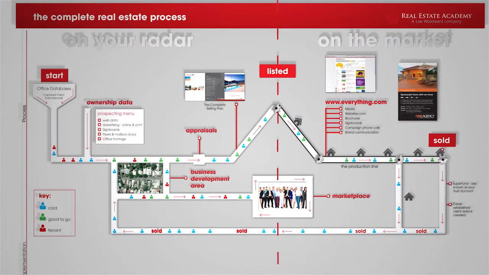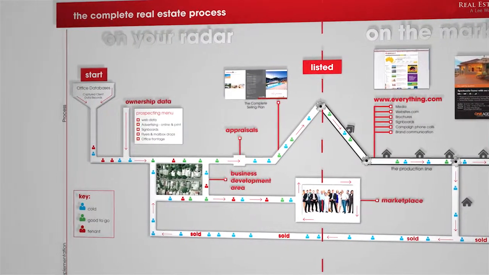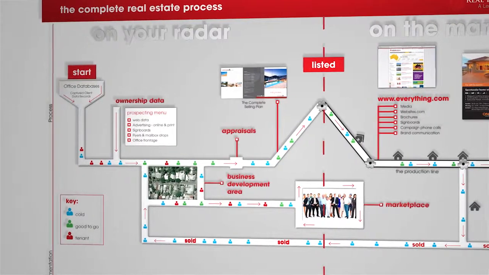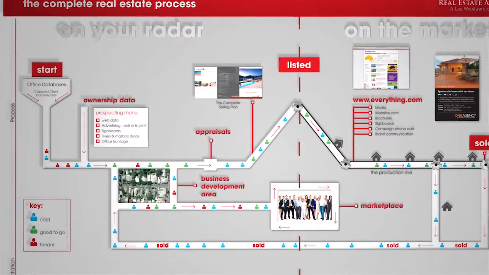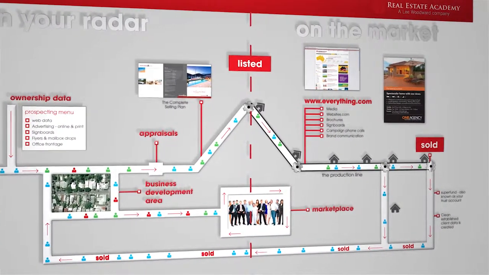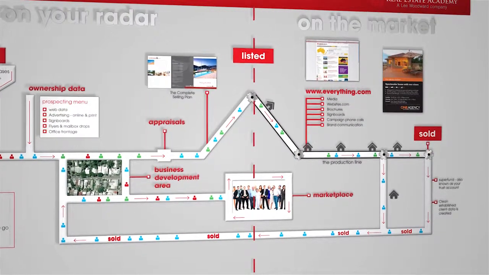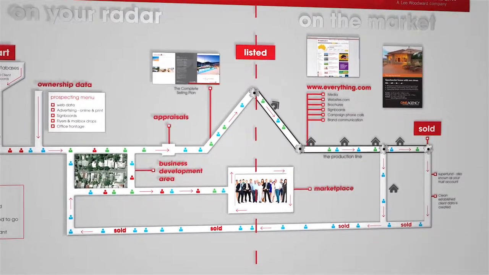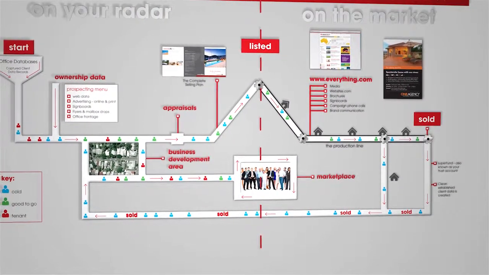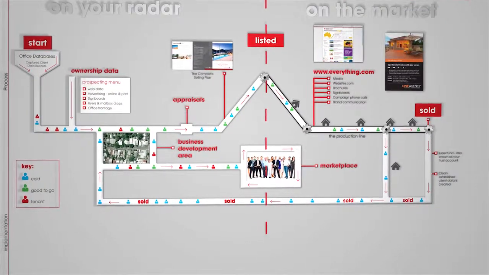As you can see, the challenges of the real estate industry and our businesses is quite often before the dotted line, meaning once we get them onto the production line, which is on the market, we have an 85 to 95% chance of sale. However, without enough opportunities in our pipeline, we take on the wrong work at the wrong fees and essentially fight for the scraps from the marketplace and open for inspection systems.